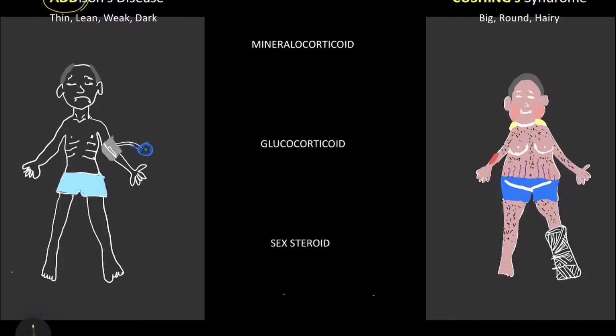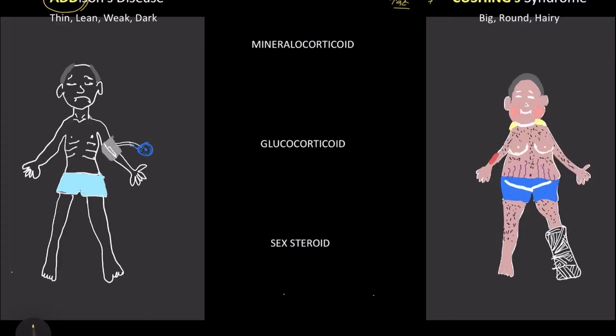So you can simply remember that everything is high and there will be a cushion of fat developed over the body of the patient. So just by looking at the name of the disease, you can remember why these things occur.